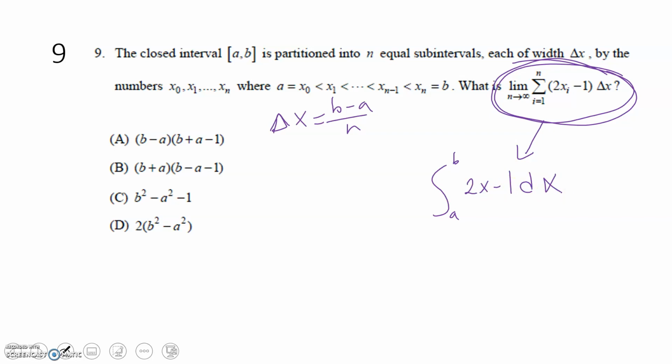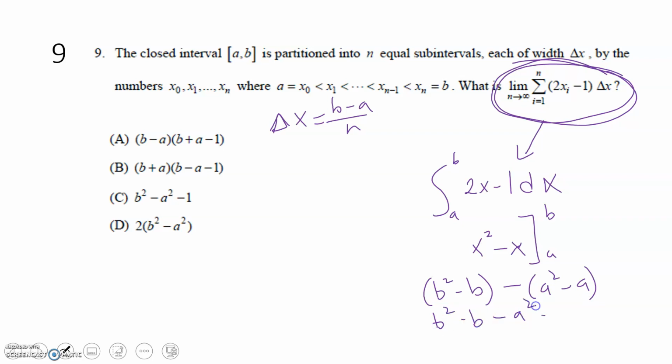Therefore, finding our antiderivative, we get x squared minus x from a to b, meaning this is b squared minus b, minus a squared minus a. So this becomes b squared minus b minus a squared plus a.